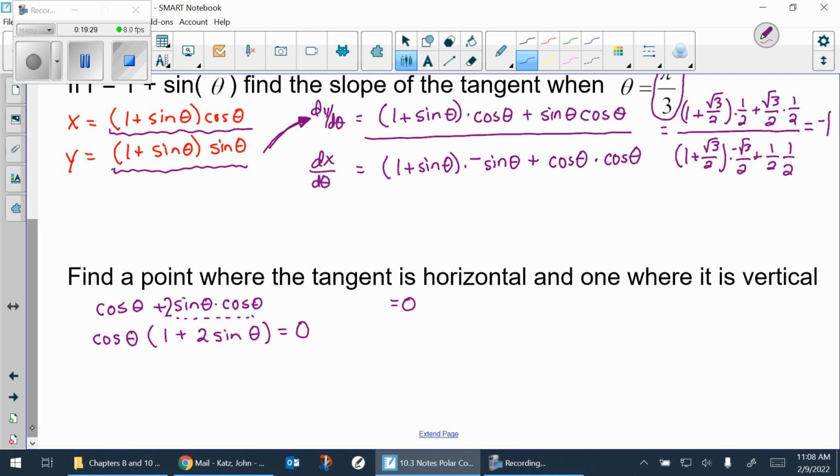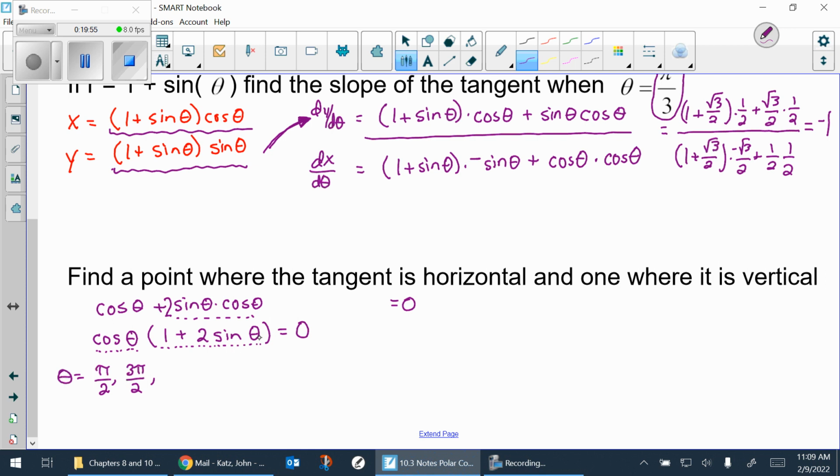All right, what are my values of theta that are going to give me 0? When is the cosine 0? That happens at pi over 2 and at 3 pi over 2. Now, what makes the other factor 0?